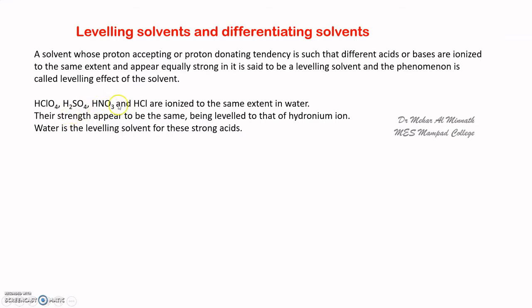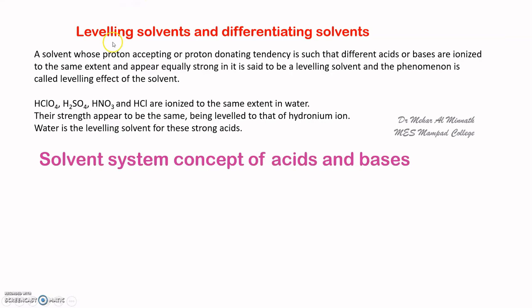Regardless of the nature of the acid, all of them have the same strength. And thus we can say that water is the leveling solvent of these acids. Now this leveling effect can be explained in terms of the solvent system concept of acids and bases.